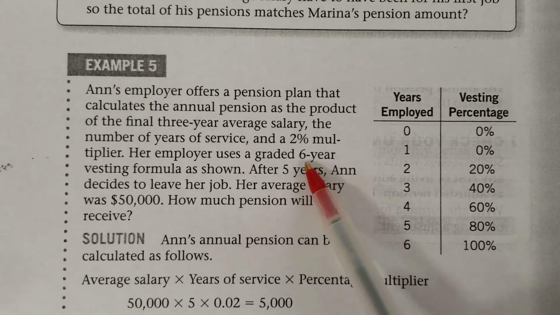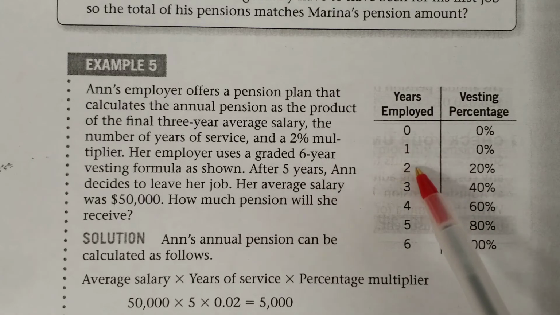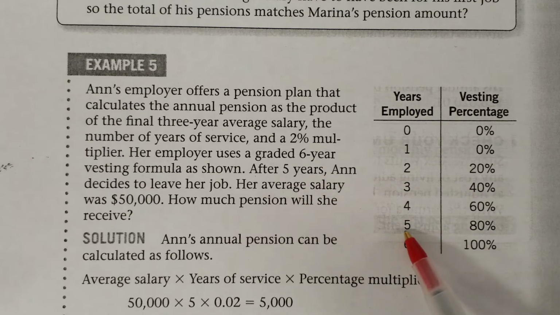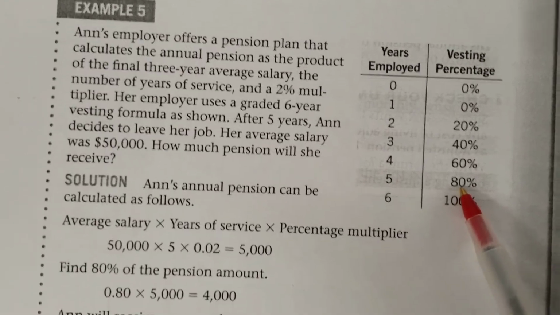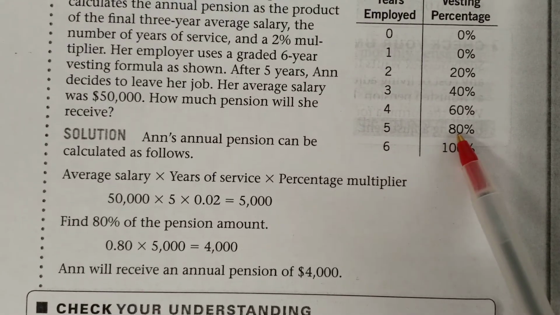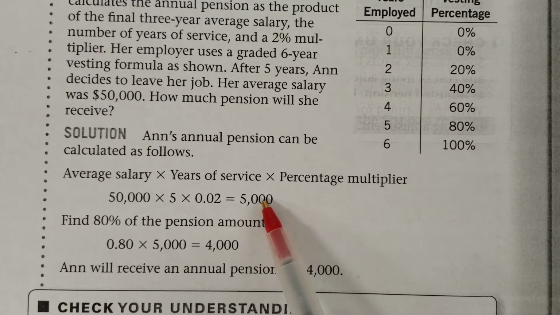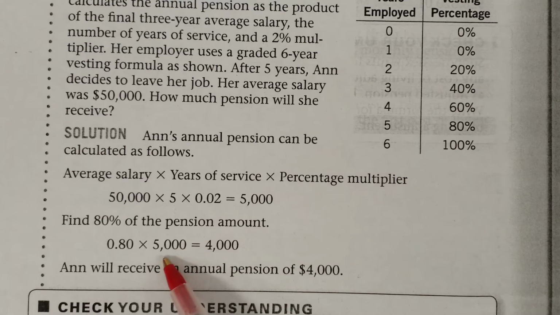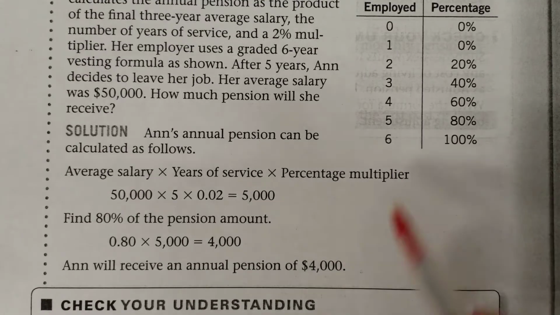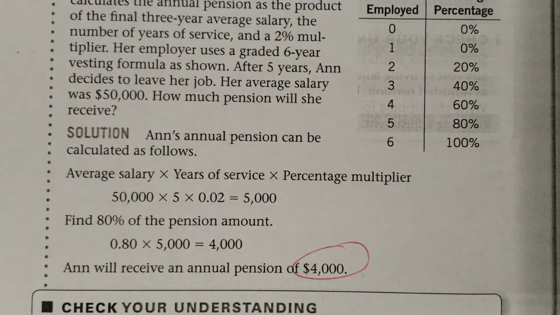She's only been there for 5. So according to this table, she's only 80% vested, which means she only gets 80% of that amount. So 5,000, which is what she should have got in full, she's only getting 80% of that. So 80% times 5,000 is 4,000.